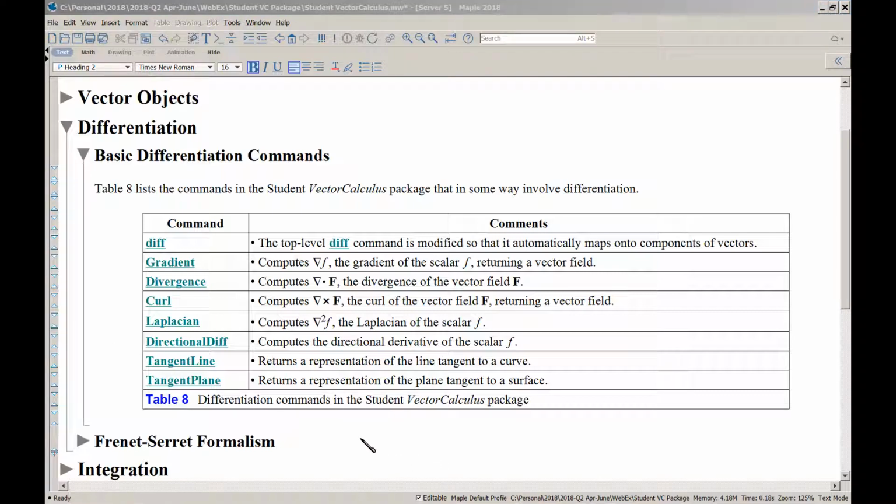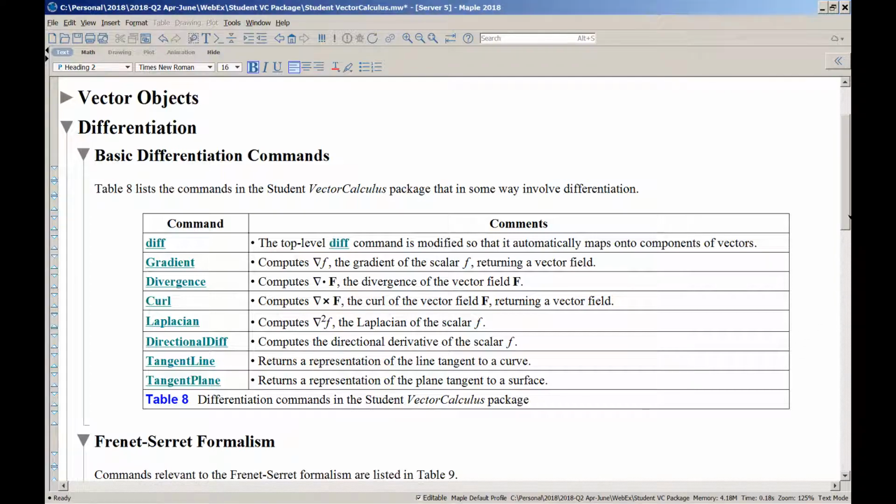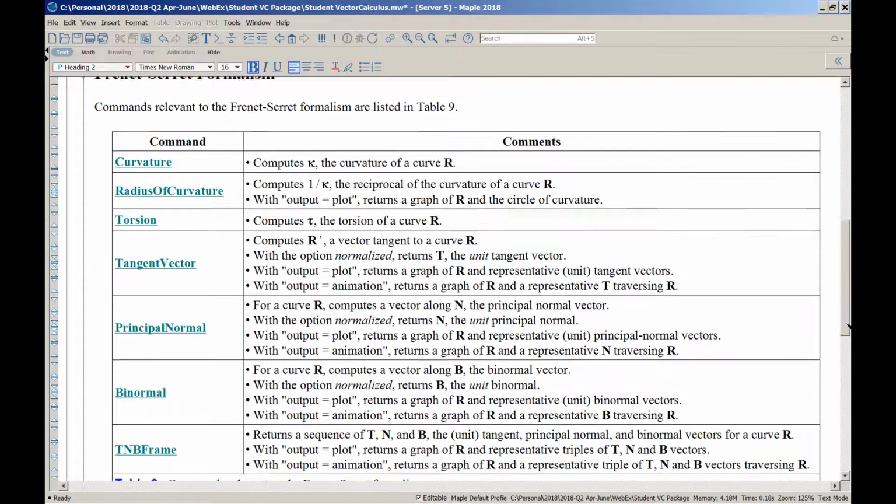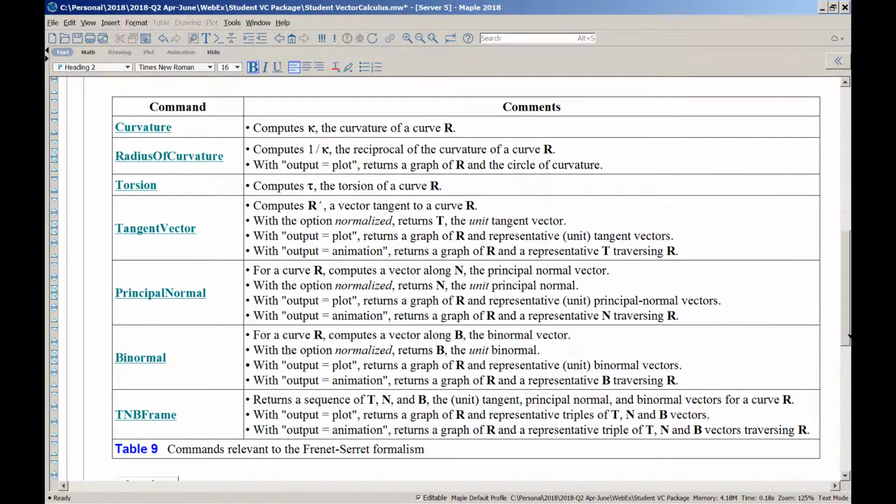One of the applications of differentiation on vectors would be the Frenet formalism, which is analysis of curves. So let's take a look at what commands are available to do the Frenet analysis.